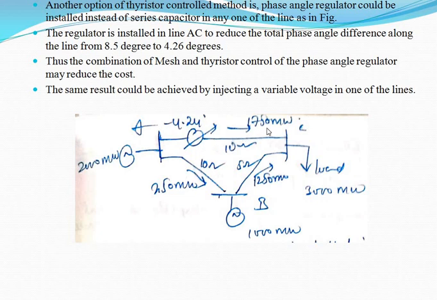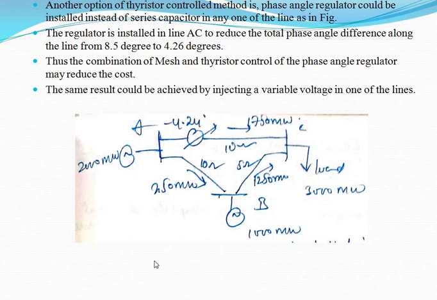So instead of 1750, this line can transmit 2000 megawatts, and instead of 1250 here 1000 megawatts. Total 2000 megawatts plus 1000 megawatts, 3000 megawatts would be delivered to the load.